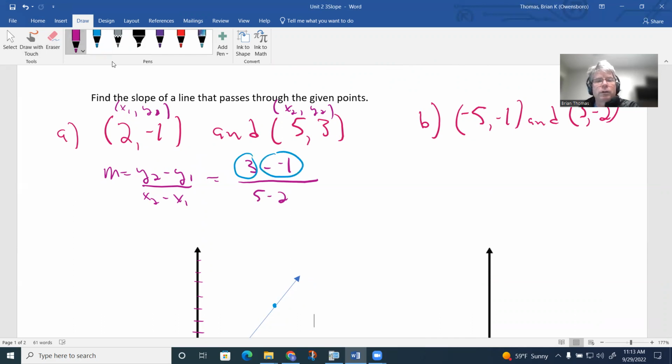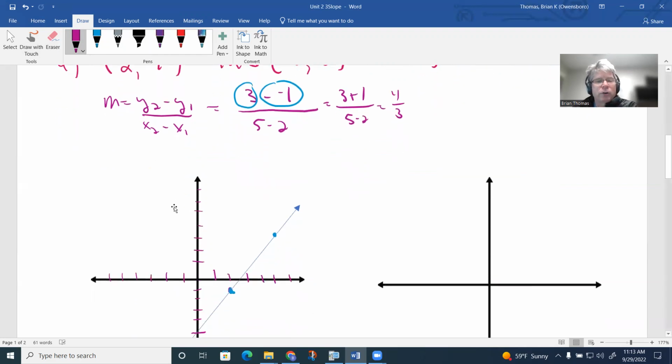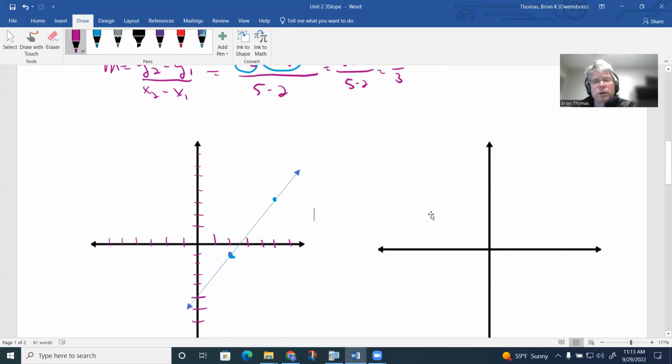So this becomes 3 plus 1 over 5 minus 2. So it's going to be 4 over 3. So 4/3. See if that matches our graph as well. So if we rise up from one of the points up 4, 1, 2, 3, 4, and run over 3, do we end up on that graph? Yeah, it looks like we do end up on that graph there. So not too bad. That looks much better.